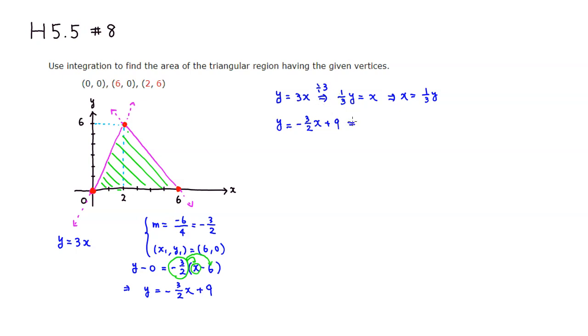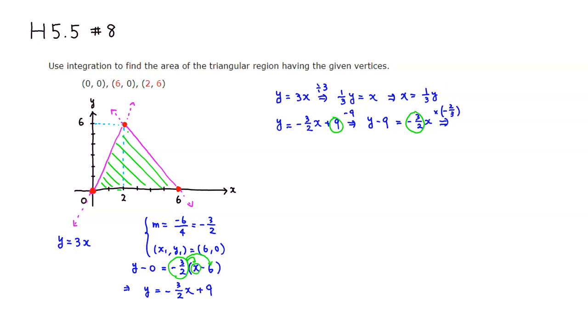First I'm going to get rid of this 9 here. I'm going to subtract 9. So you have y minus 9 is equal to negative 3/2 x. Then we need to get rid of this coefficient. You can divide by negative 3/2, which is equivalent to multiplying by negative 2/3.